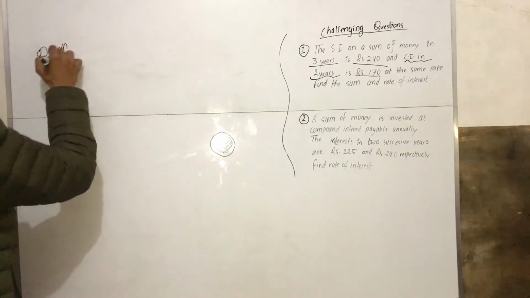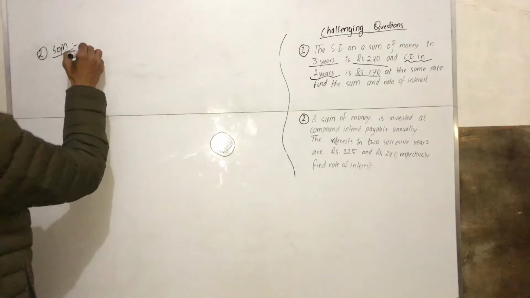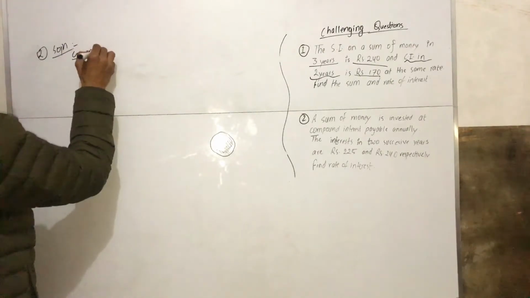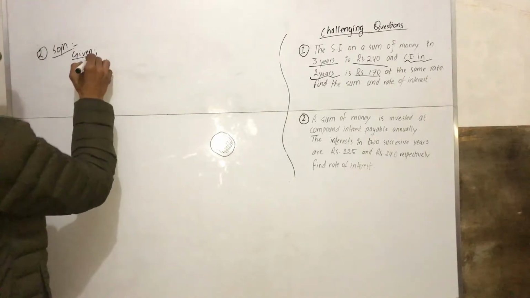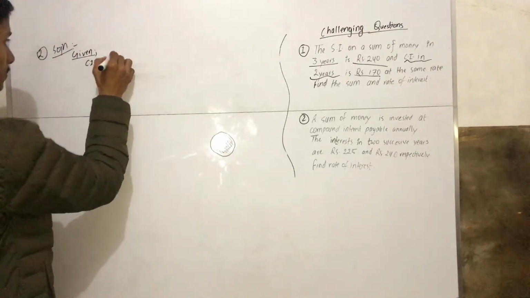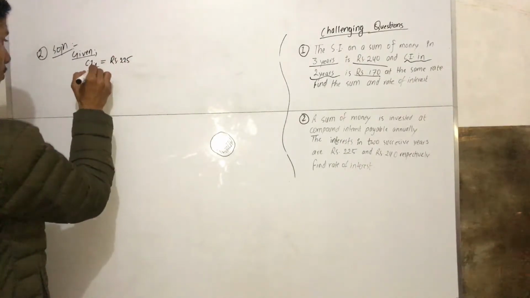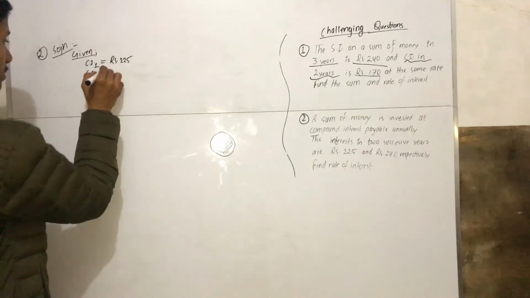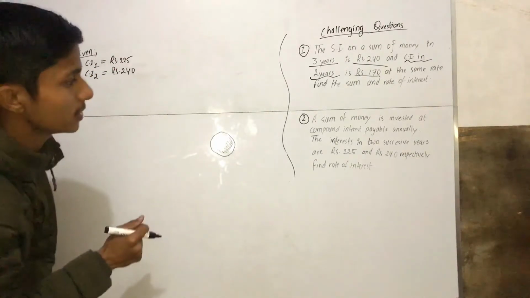Solution. What is given? Okay, they are given interest of 2 successive years, means compound interest for first year is equal to Rs 225 and compound interest for second year is equal to Rs 240.